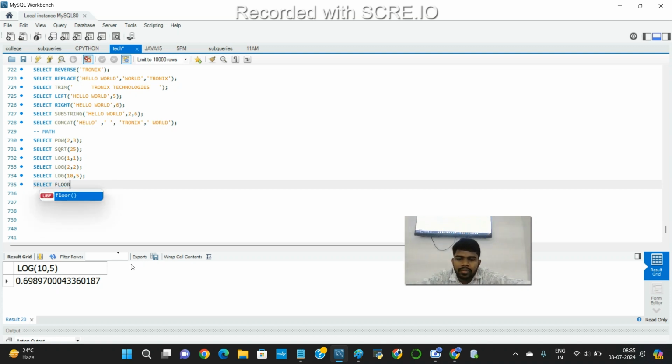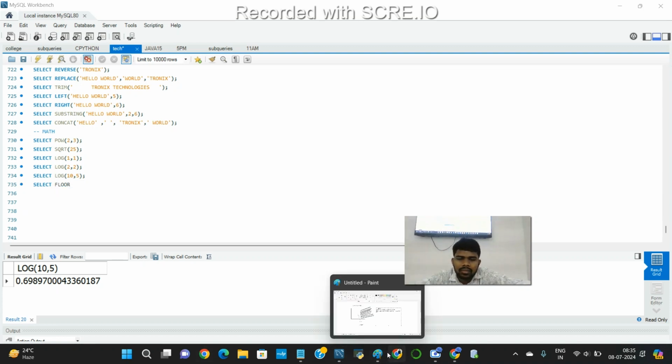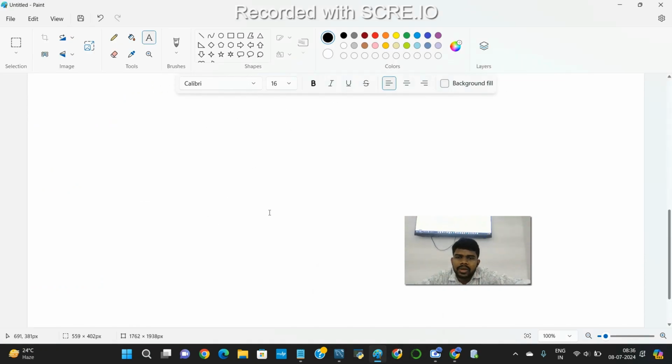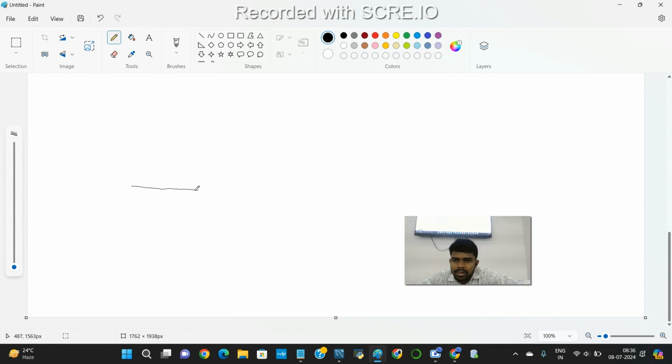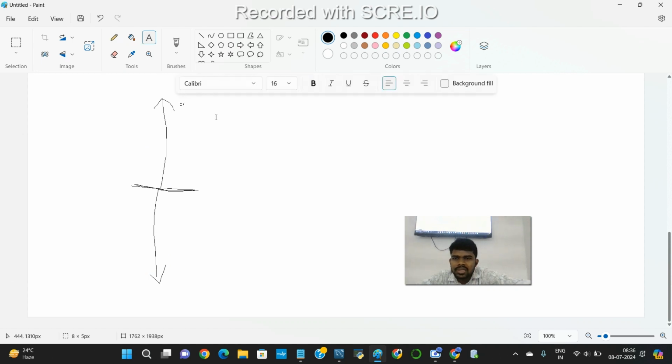Similarly, I want to find the floor. So what is a floor? For a given number, there is the highest integer above this number and the lowest integer below this number. We call these ceil and floor. The bottom one is floor, the top one is ceil.